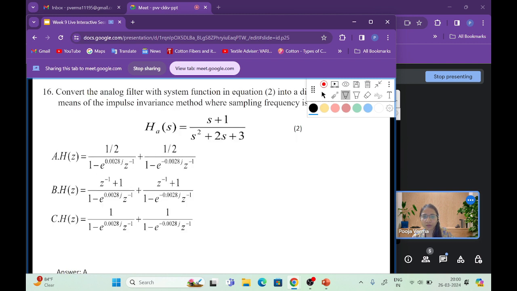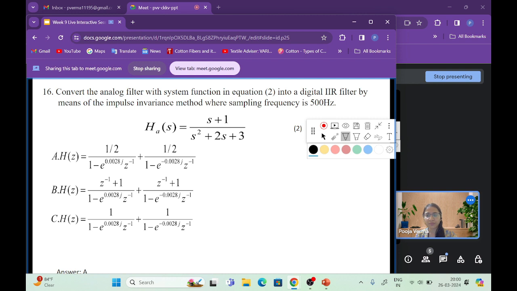Okay, so now moving to the next question. The next question is: convert the analog filter whose system function in equation 2 is given into a digital IIR filter by means of the impulse invariance method when the sampling frequency is 500 Hz. The system function is given as HA of S is equal to S plus 1 divided by S square plus 2S plus 3.